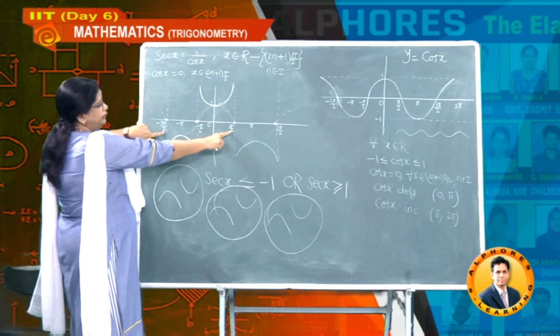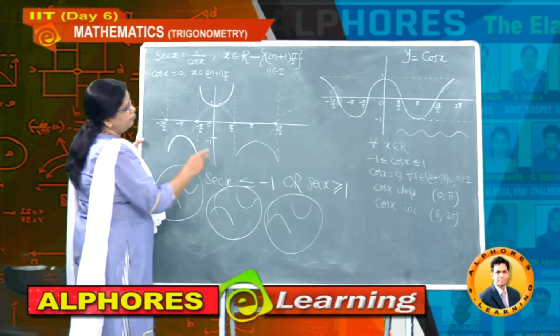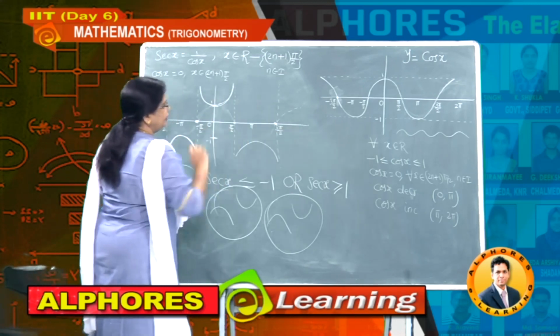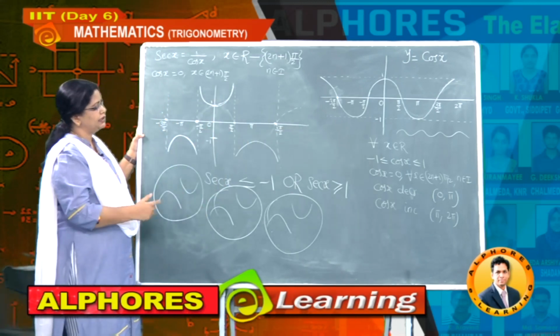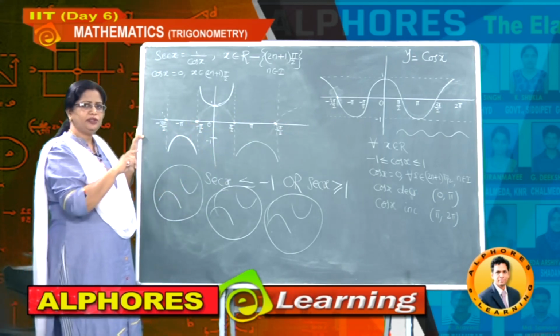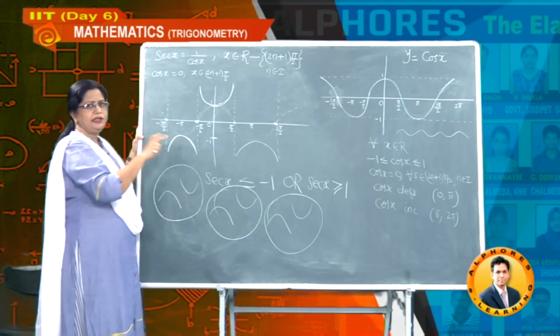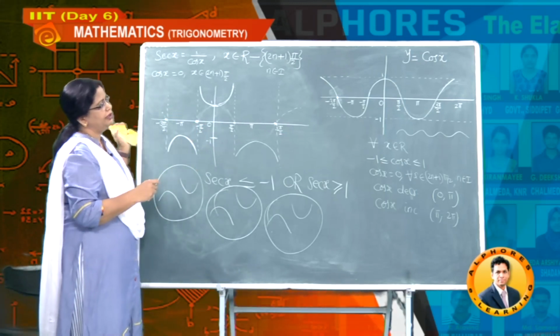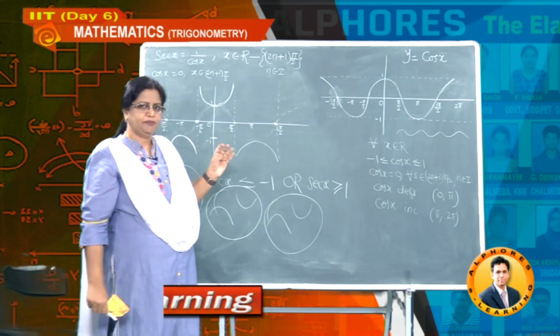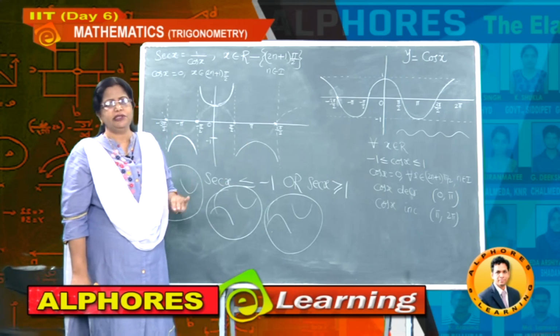If you take the difference, it is nothing but how much? 2 pi. Again pi by 2 to 5 pi by 2, the difference is again 2 pi. So in every gap of 2 pi, it is taking the same shape. Hence we observed for sin x, cos x, secant x, cosecant x, what is the period? It is nothing but 2 pi.